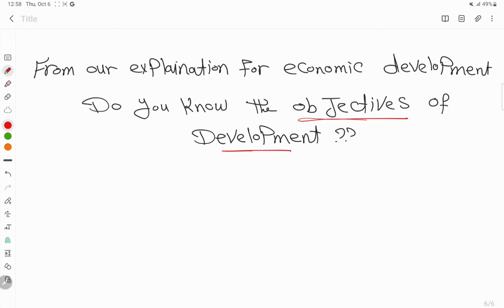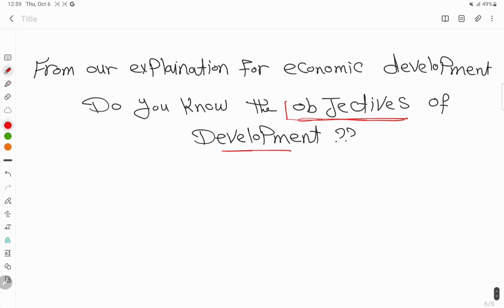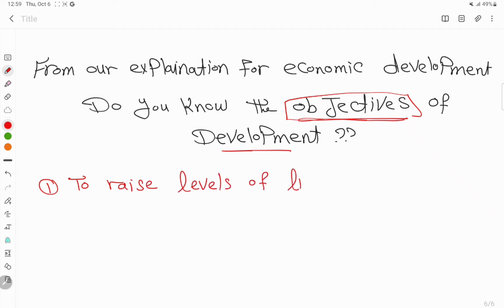We talked that economic development concerns increasing the standard of living. So, one of the objectives of economic development is to raise levels of living. Number 2, we talk about subsistence goods for living, such as food, shelter, health, protection.